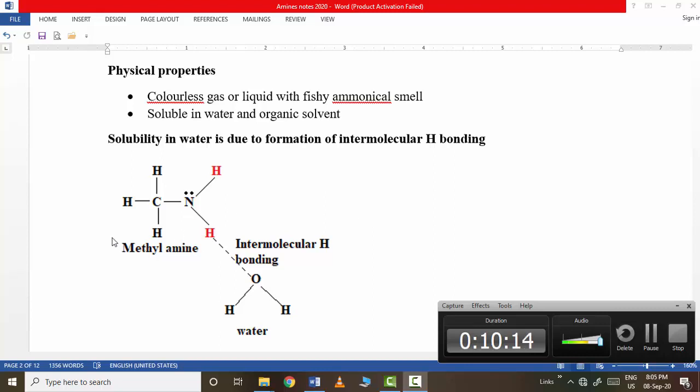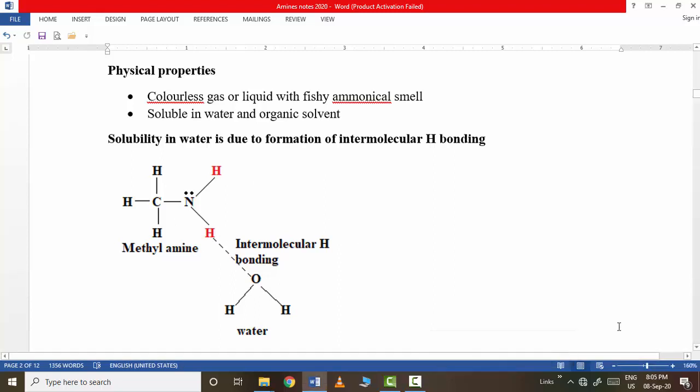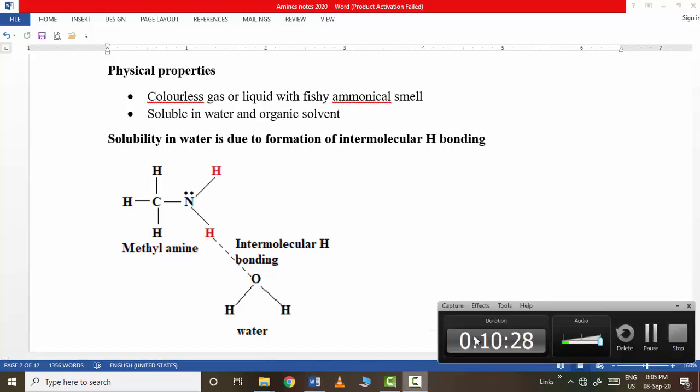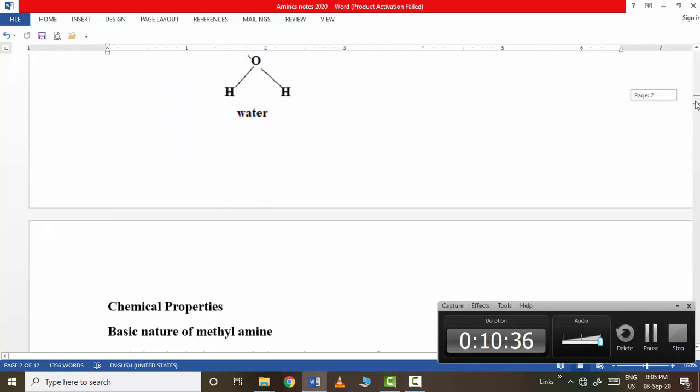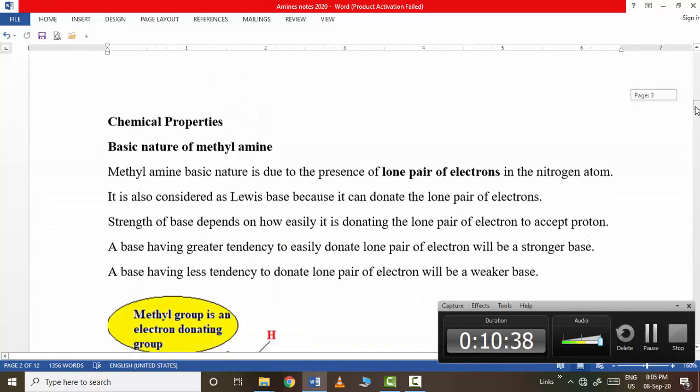You can see methylamine forming intermolecular hydrogen bonds with the molecules of water. As soon as you put the methylamine into water, it will form intermolecular hydrogen bonding, which makes the methylamine soluble in water.